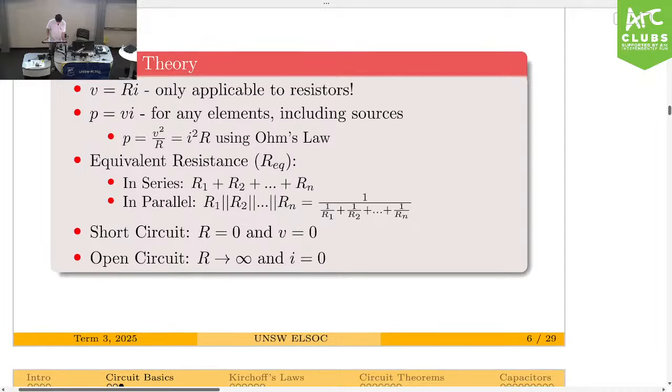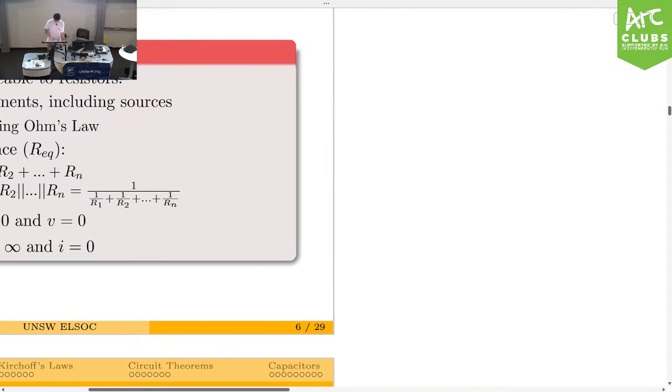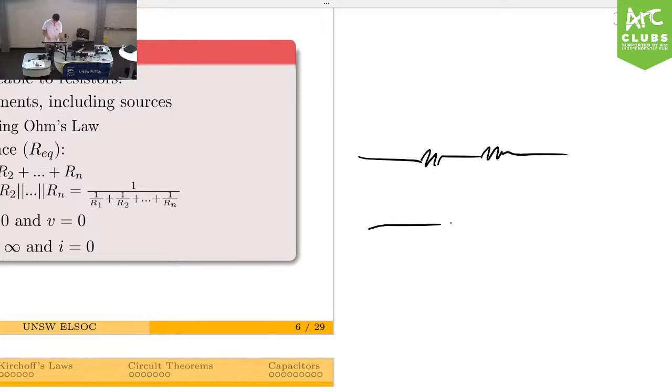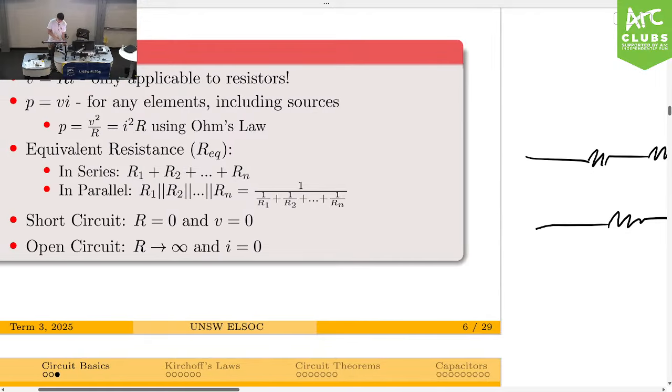Okay, equivalent resistance. If you have multiple resistors in a series layout, something like this, you can simplify this into one resistor, and the resistance of this new resistor will be equal to the sum of the resistances.